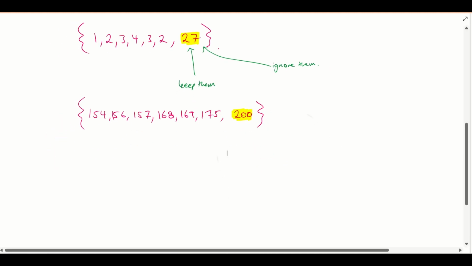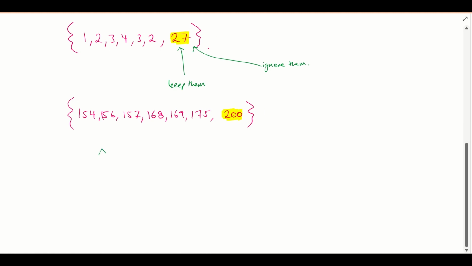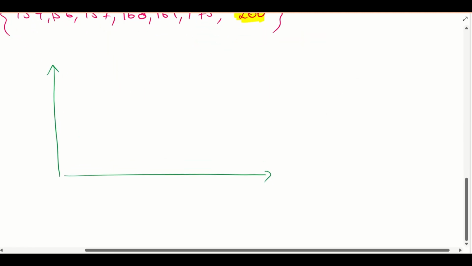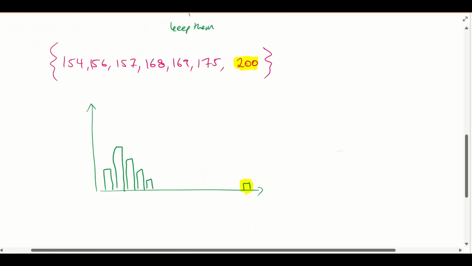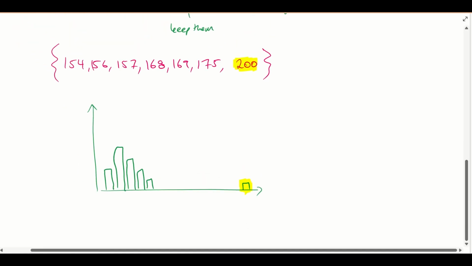And what does this look like graphically? Well, let's take the following graph, and we've started to see plenty of these now. We've got this collection in here. And then we've got one all the way down there like that. We would identify this as an outlier. And once again, I can't emphasize this enough, we have to put it down to why does that outlier exist?